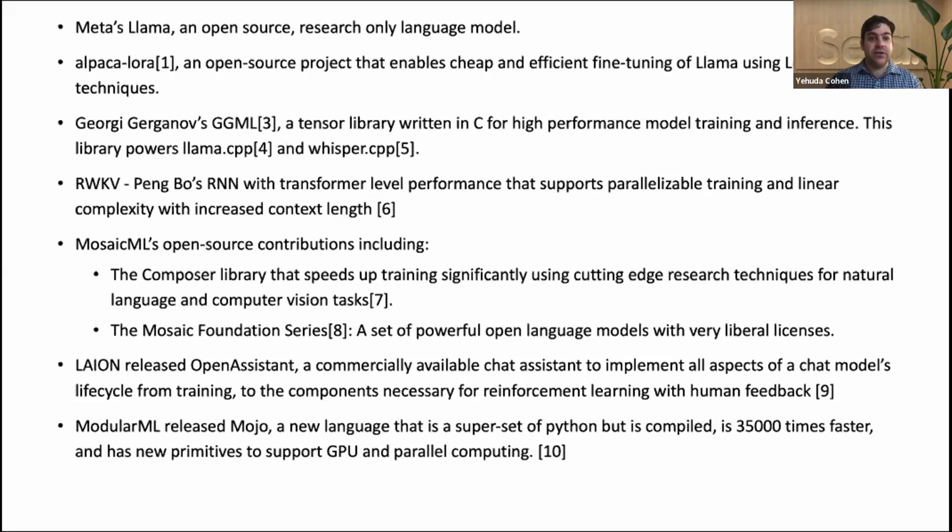I have it as a research-only language model, but just yesterday, since I assembled these slides, they actually released Llama 2, which is a commercially available option and is available in a variety of different sizes for different compute power and for different needs. These models benchmark incredibly well and out-benchmark most other open source models. It's been very, very, very impressive to watch.